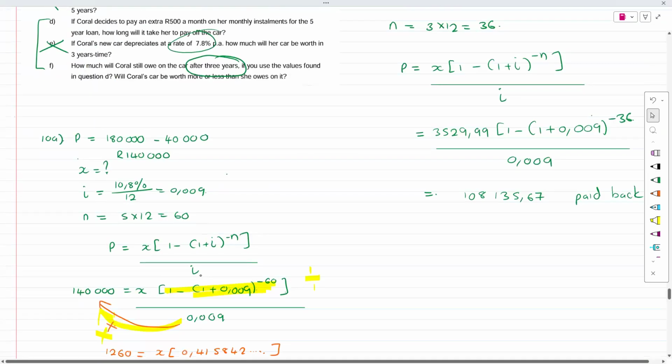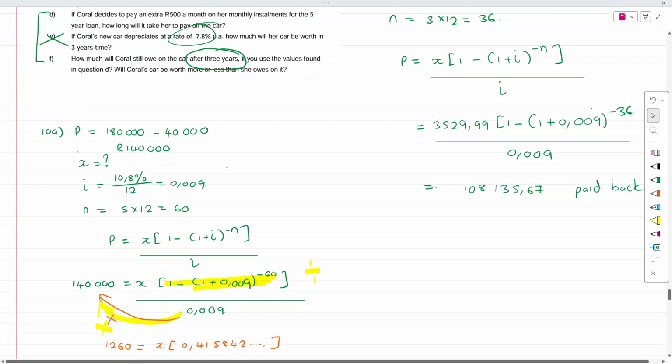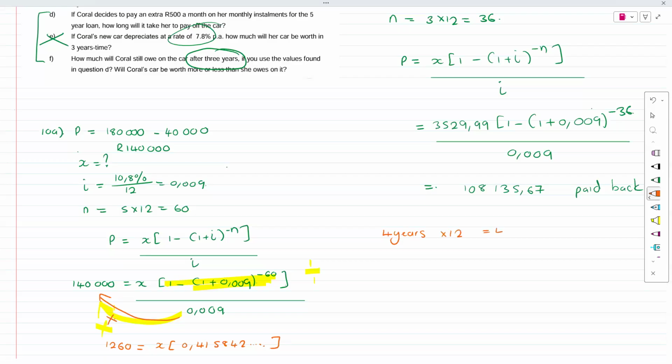So guys, this part might be confusing. We're going to change the color and we're going to talk about the normal thing. So what was supposed to happen was she was supposed to pay this back in 4 years and 1 month. So 4 times 12 is equal to 48. Plus the 1 month. Do not forget that our answer was 1 month. 4 years and 1 month, so that's 49 months.